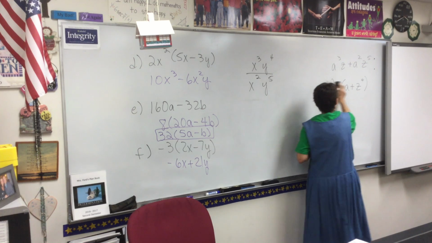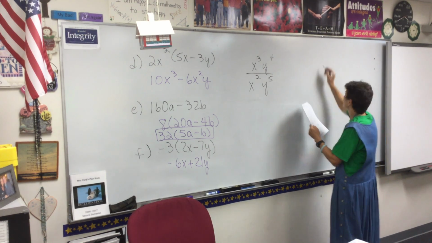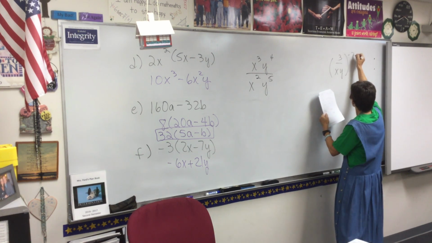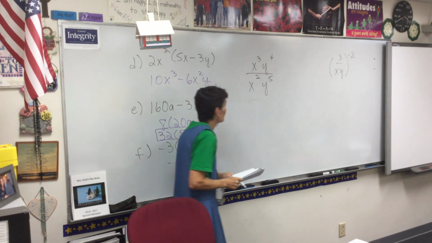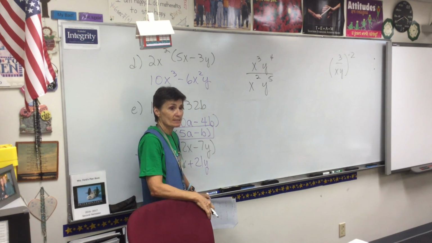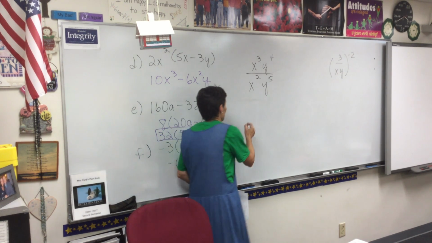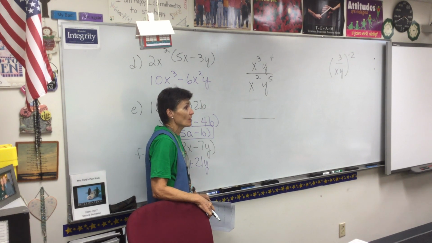All right, so your job, directions say simplify. Okay, so what do you think of when you look at that guy right there? Do you see some canceling? You have x's on the top and x's on the bottom.